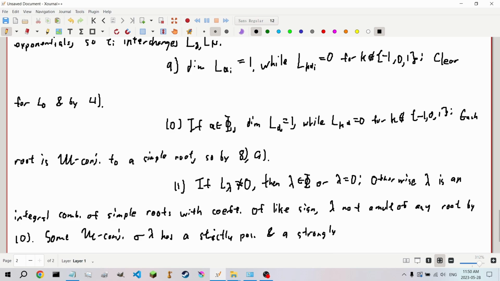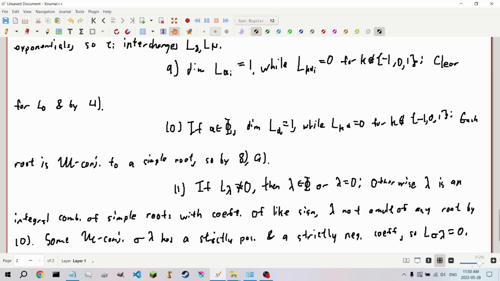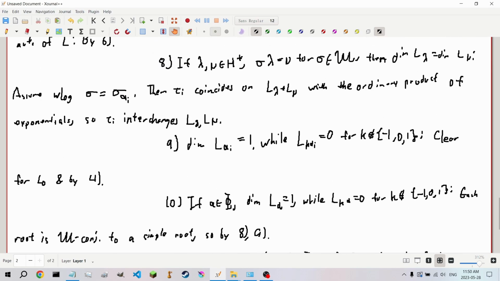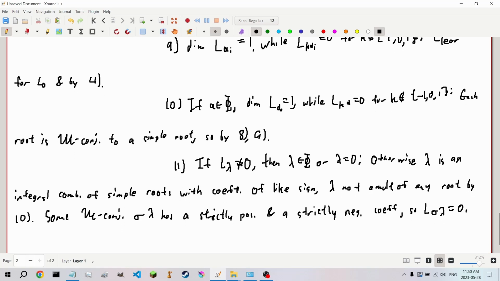Strictly negative, not strongly. My brain's not working here. So L of sigma lambda is 0. It's contradicting 8.